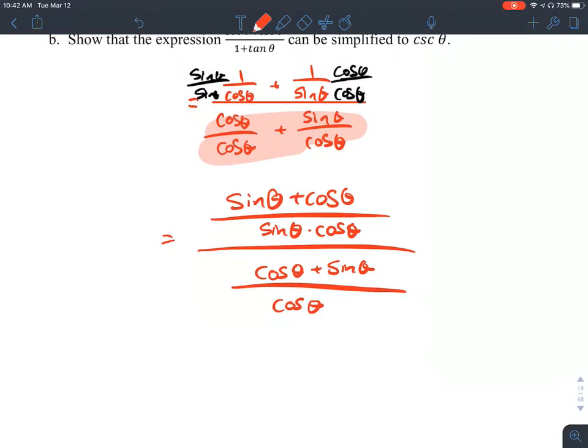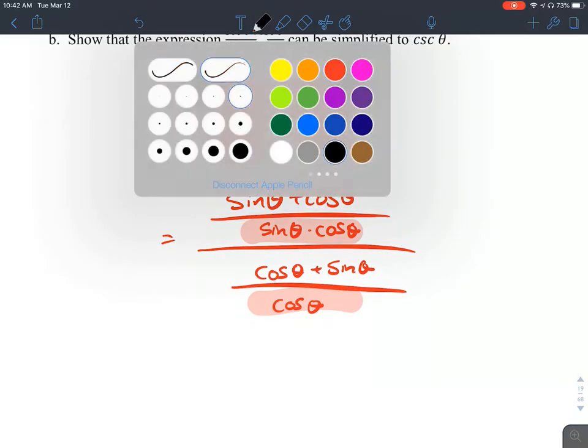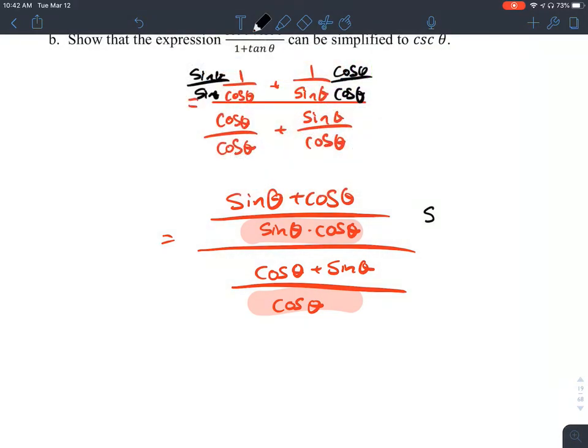Now this is a complex fraction. I don't want it to be complex. I would like to get rid of both this denominator and this denominator. To do so, I'm going to multiply this by 1 in the form of sine of theta over sine of theta, and also by cosine of theta over cosine of theta.